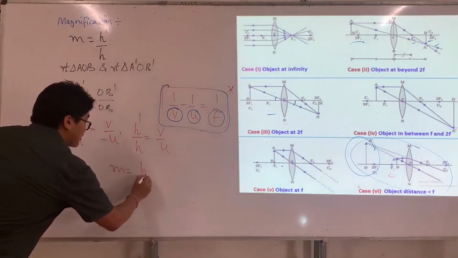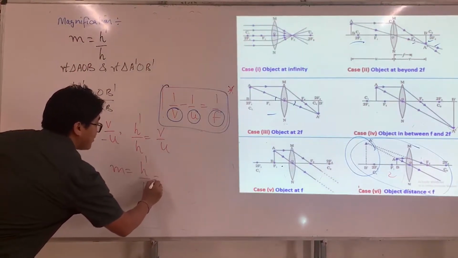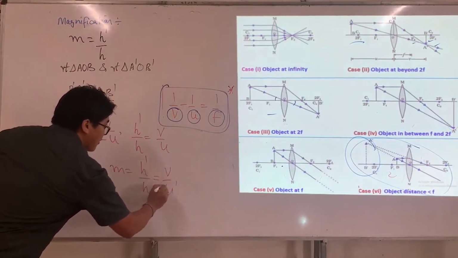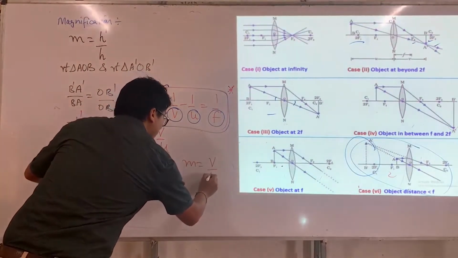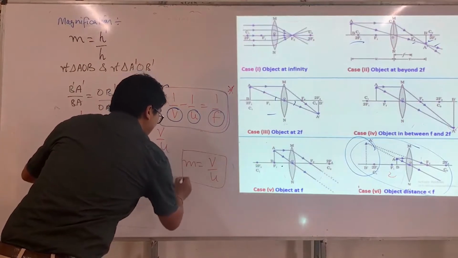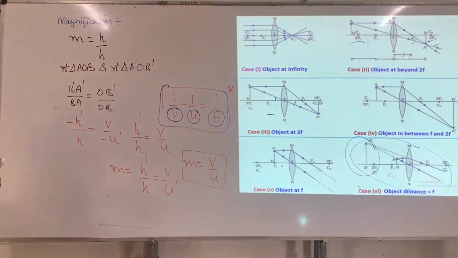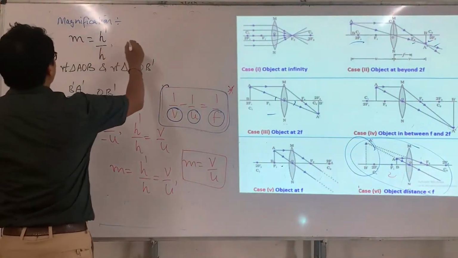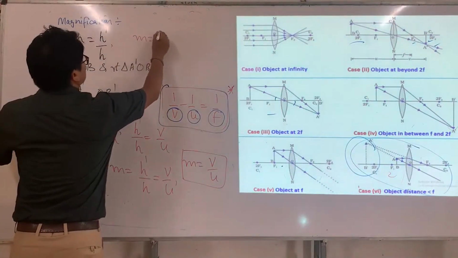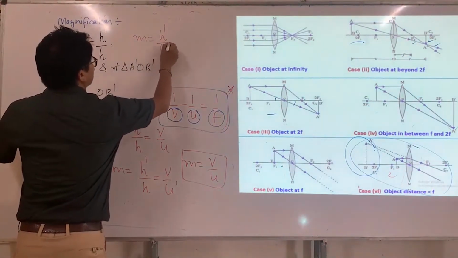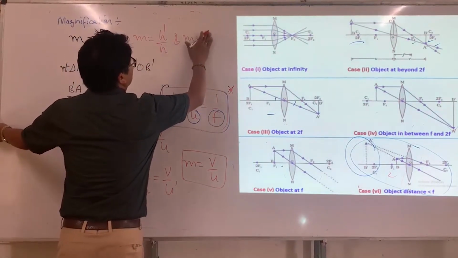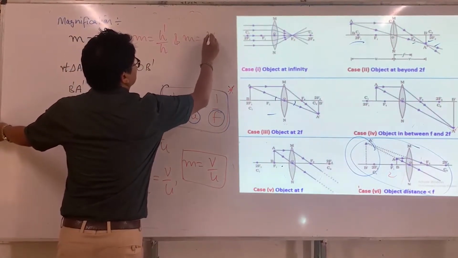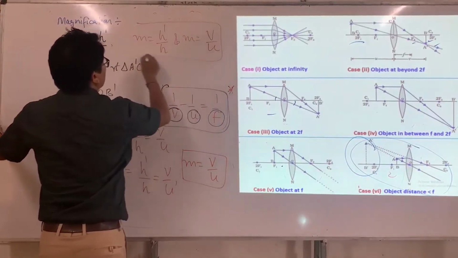So magnification is H prime divided by H, which is equal to V by U. Therefore, I can figure out magnification even in terms of object distance and image distance. So for magnification, I have two formulas. One is this, and the other one is V minus U.